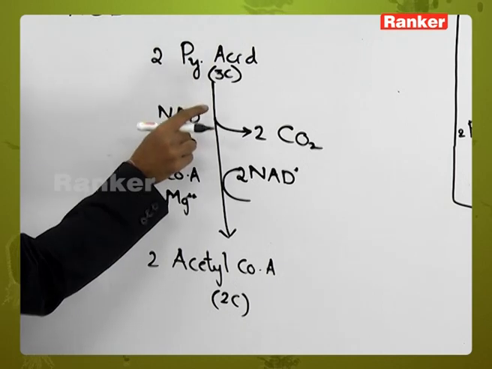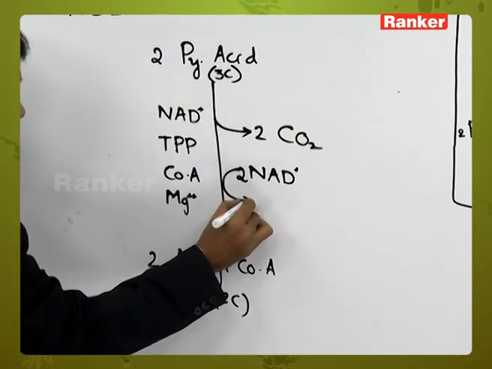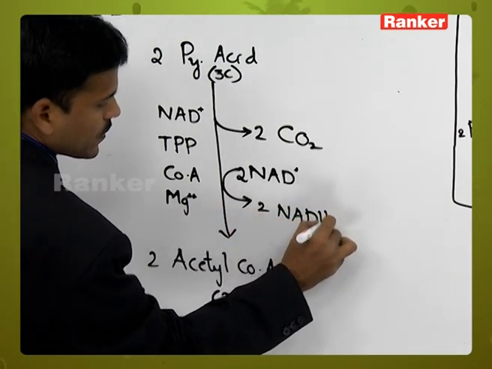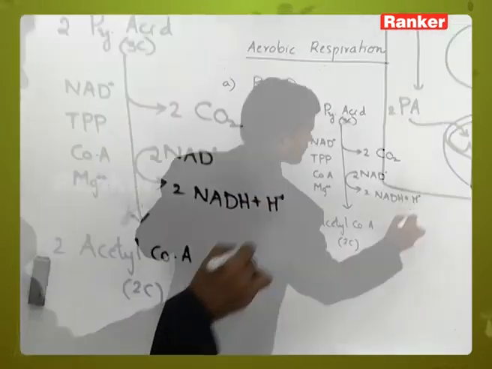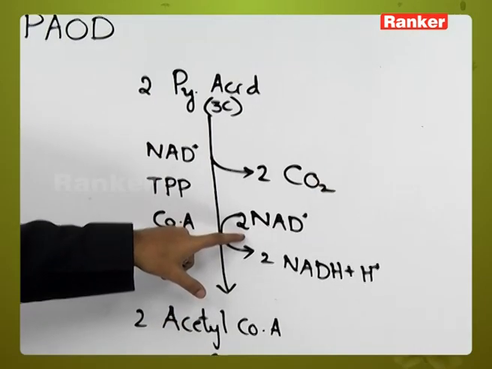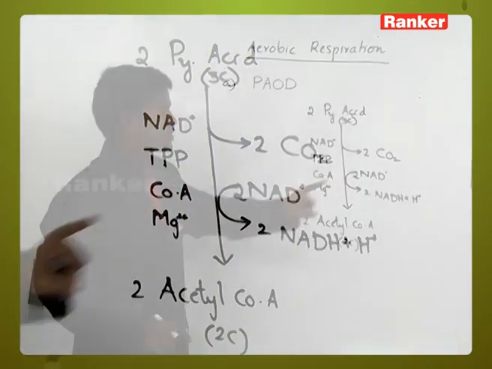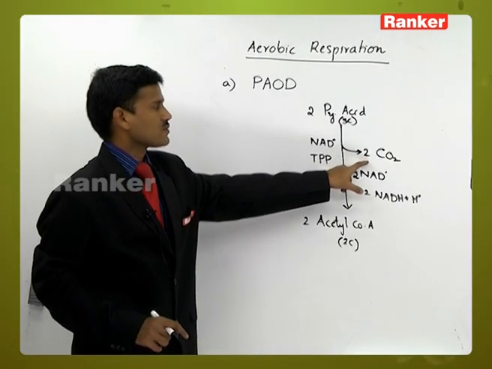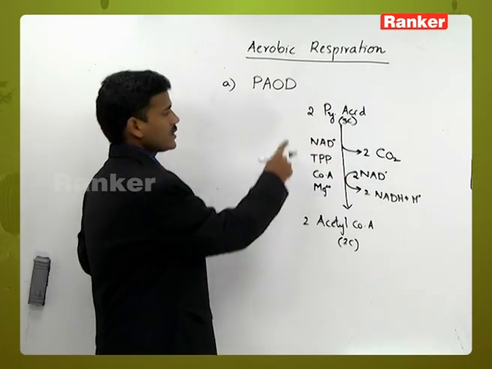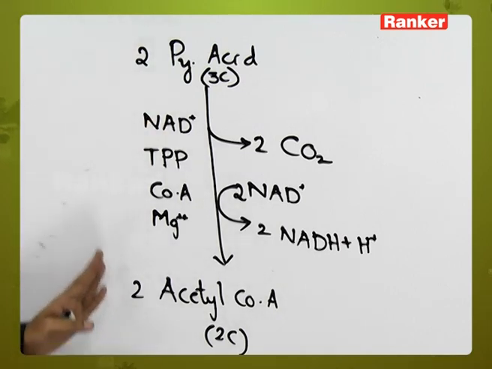NAD is reduced into 2 NADH2. So pyruvic acid undergoes one oxidation and one decarboxylation; carbon dioxide and hydrogens are removed.